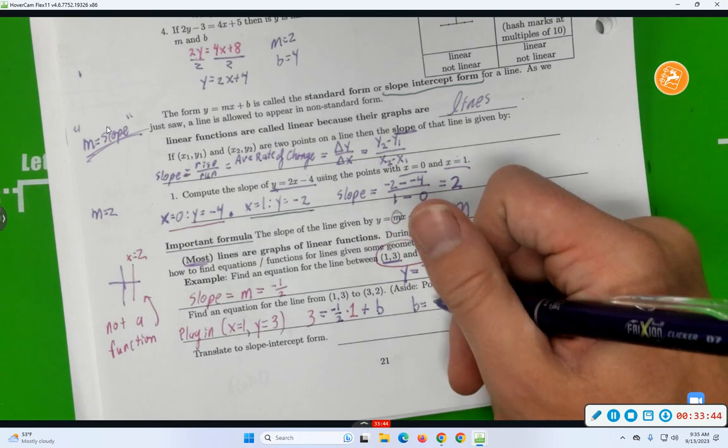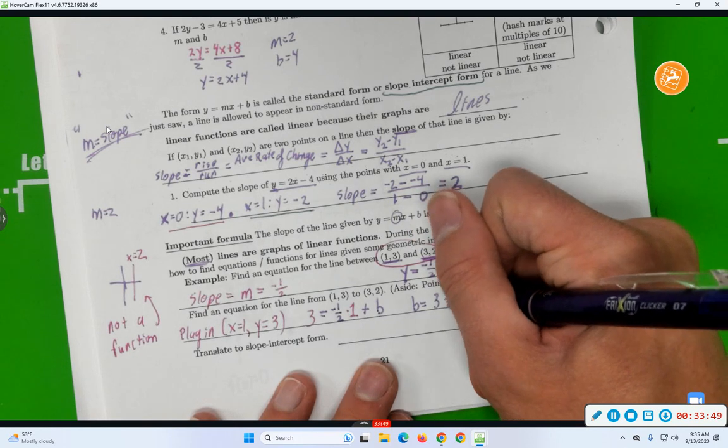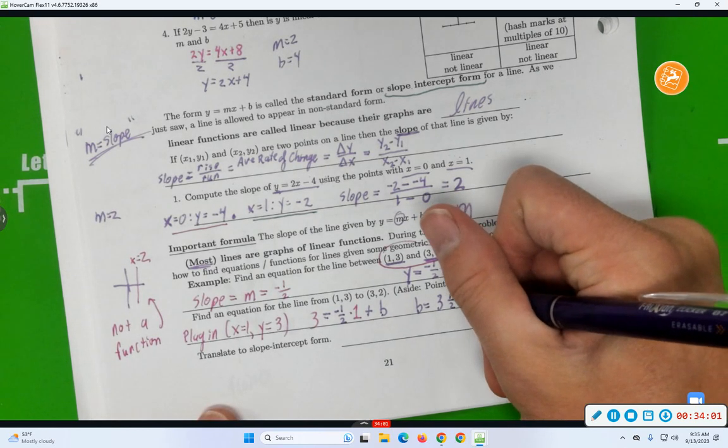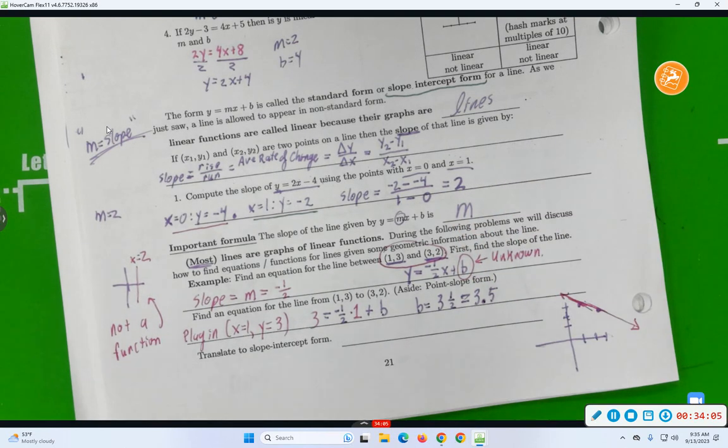B equals, and I think I'll write this in a few different ways. I'll write 3.5 as 3 and 1/2 because that is a notation that you see. I don't like that notation because it makes me think 3 times 1/2, which isn't what you mean. Maybe there's a form where you can actually tell what it means.